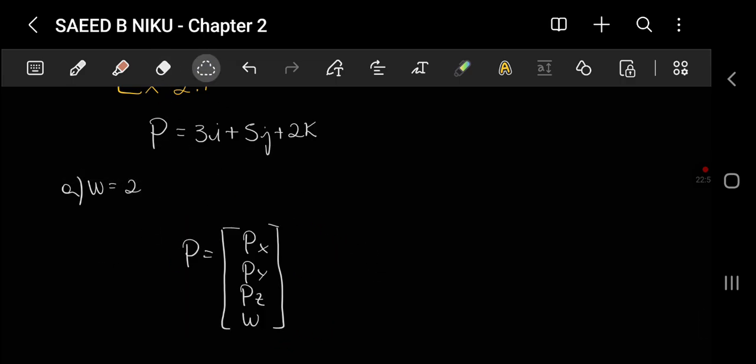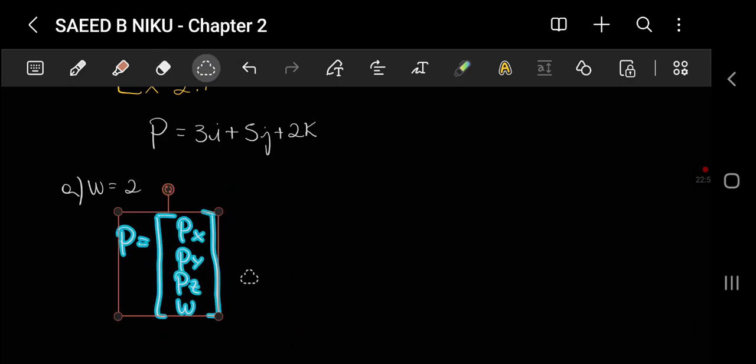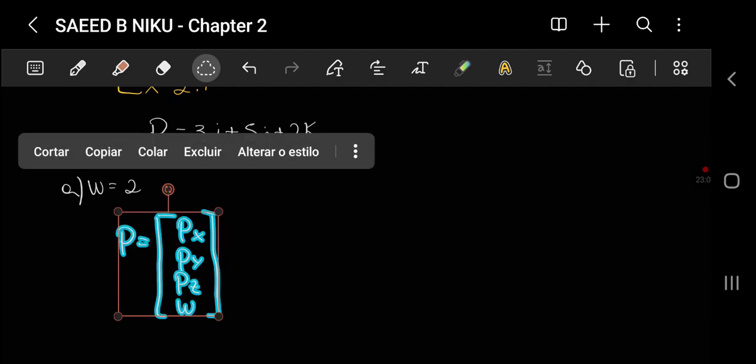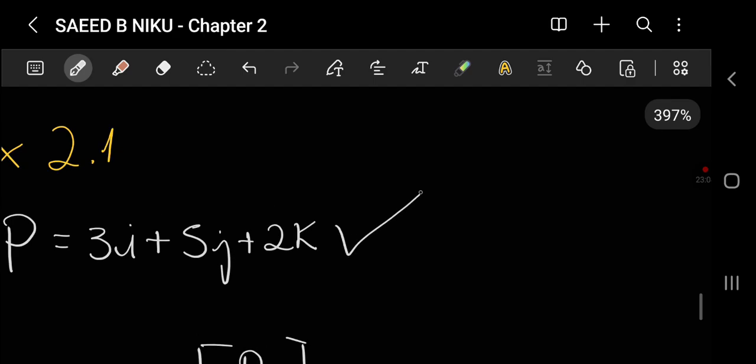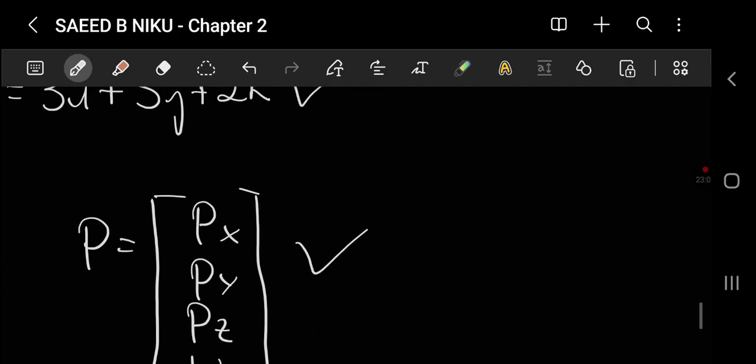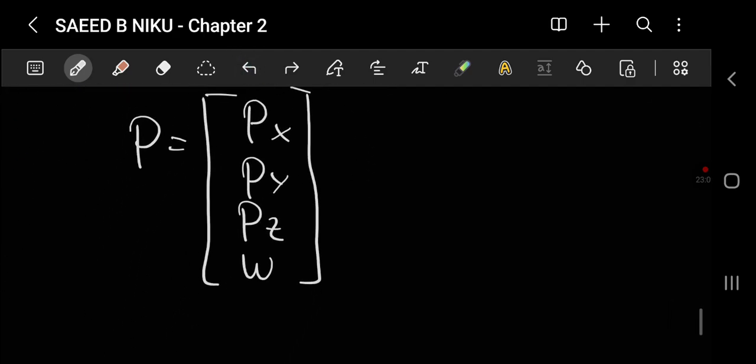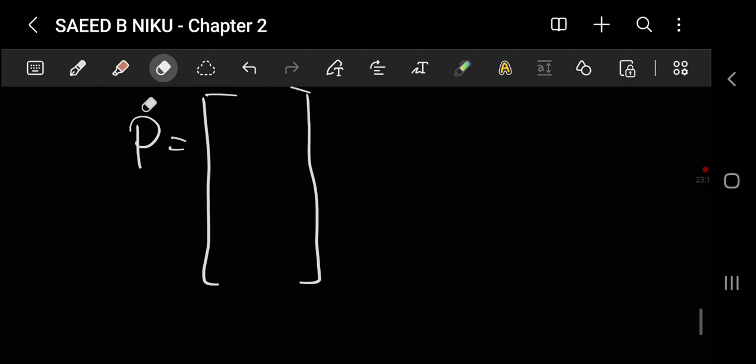So now you know how to represent a point or a vector in a space this way or in this matrix way.